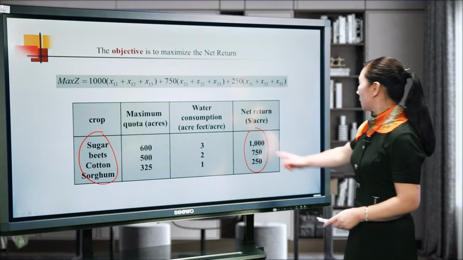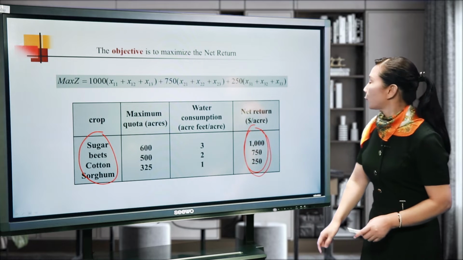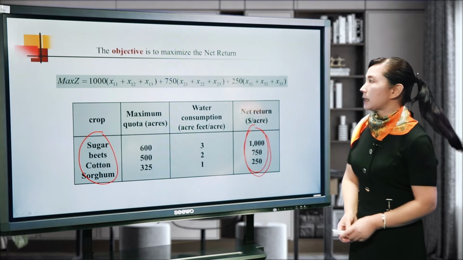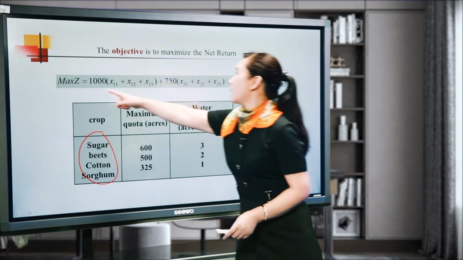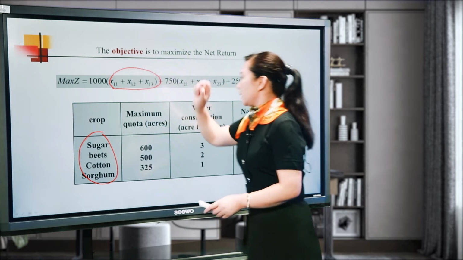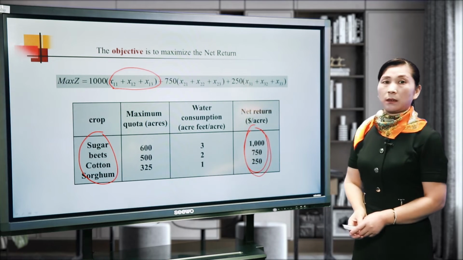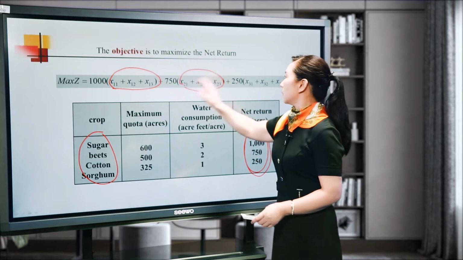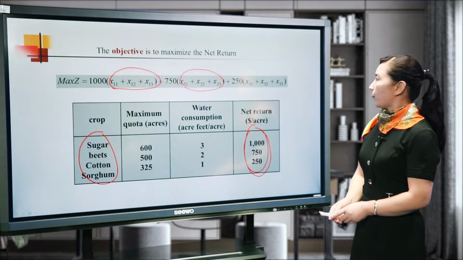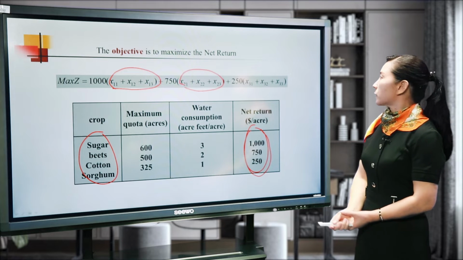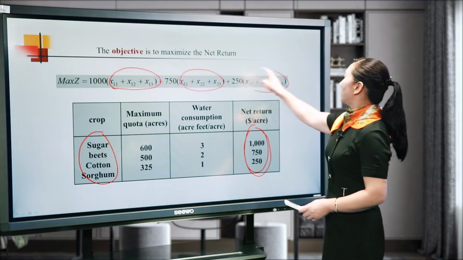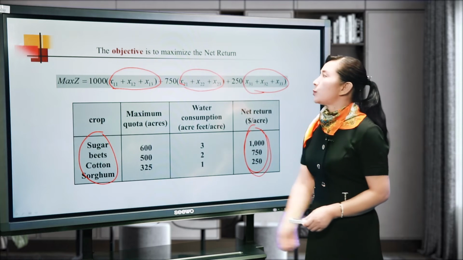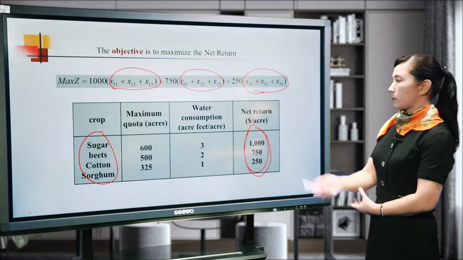So we use these numbers to multiply the total planted acres. That is 1,000 times the total acres of sugar beets planted, this is the cotton planted acres, and this is the sorghum planted total acres. So this is the objective function to maximize.